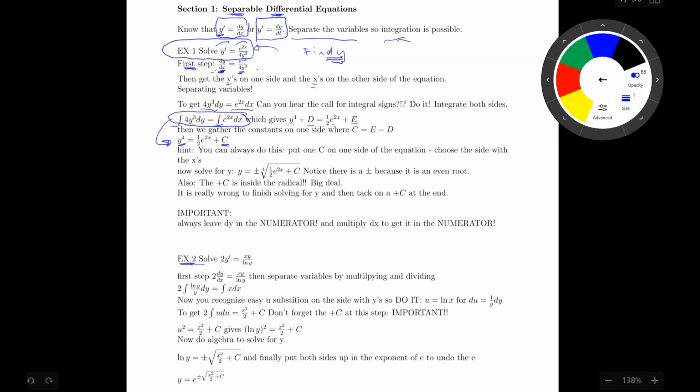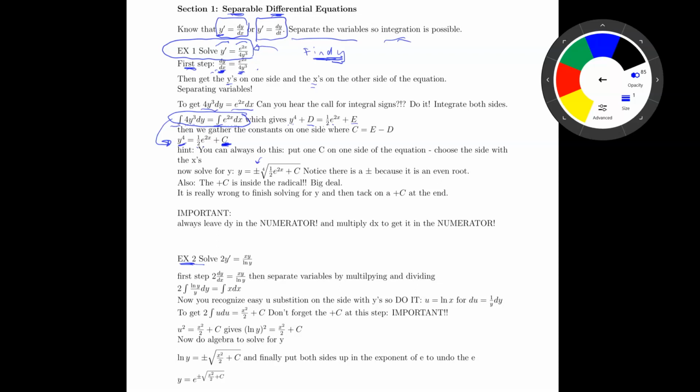Get 1/2 e to the 2x, and gather one constant on the side with the x's. Then we need to finish solving for y, because that's what solve means. I'm going to take the fourth root, and since it's a fourth root, I have to put plus minus. If it's a square root or fourth root, if it's an even root, you get the plus minus.